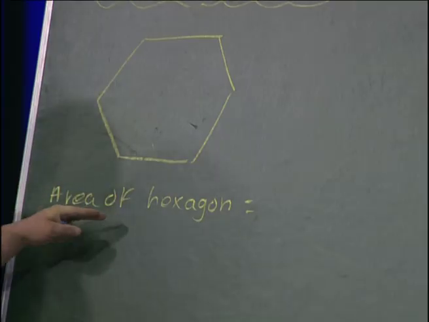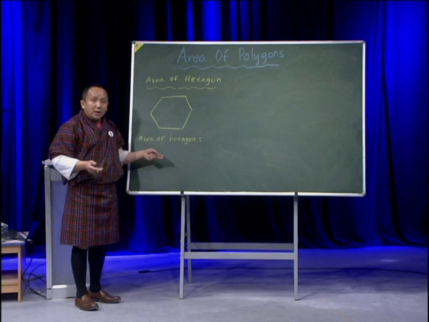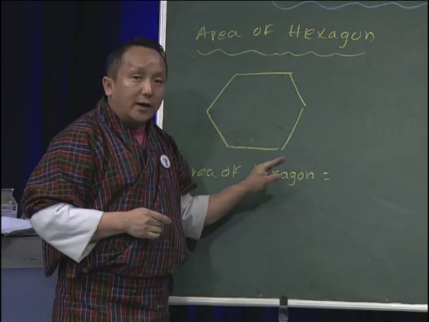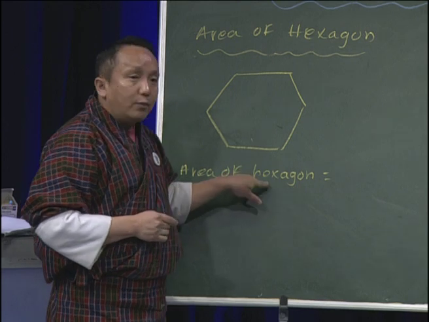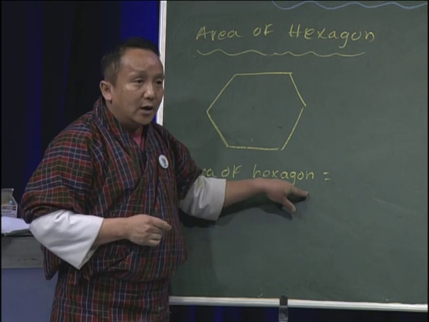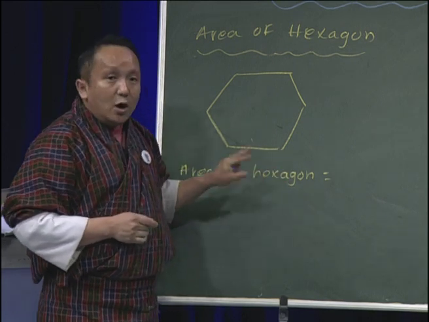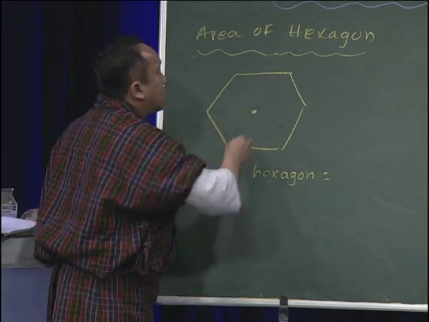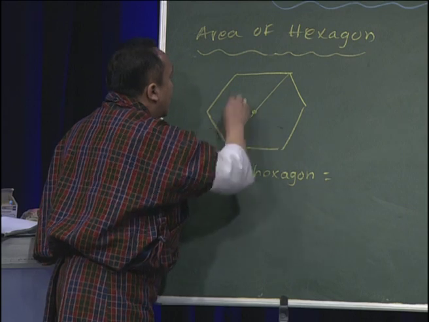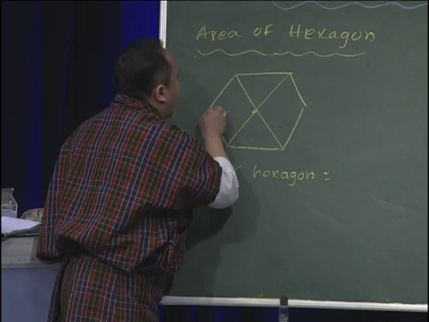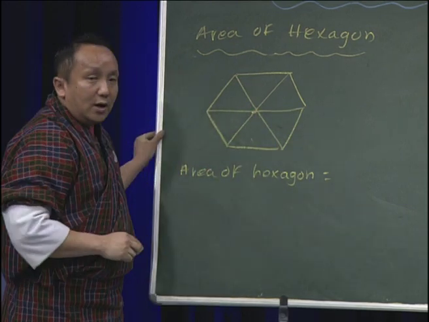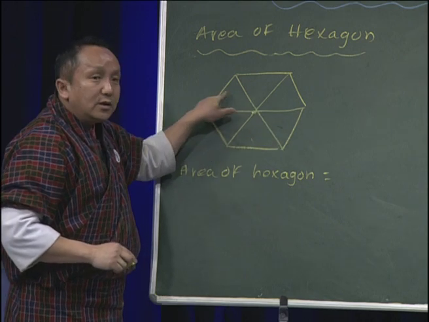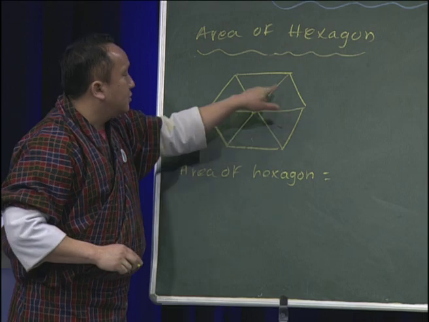Now to find the area of a hexagon, as such there is no standard formula. We cannot find the area of a hexagon directly. So we know that this hexagon, from this center point, can be divided into 6 equal triangles. If the hexagon is a regular hexagon, it can be divided into 6 congruent triangles.